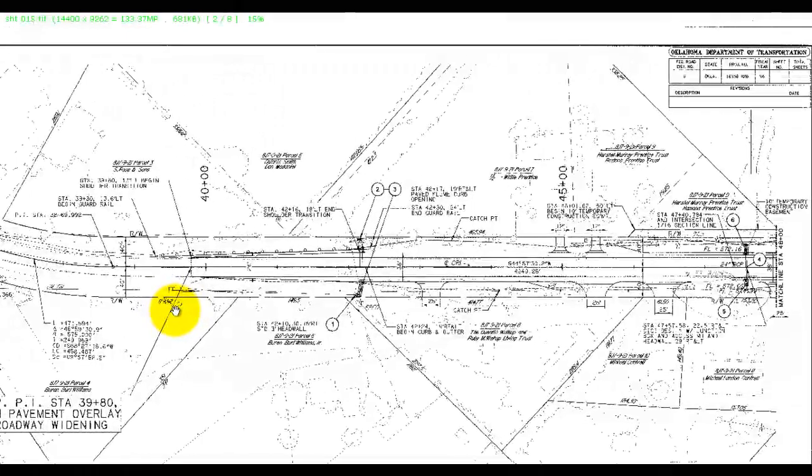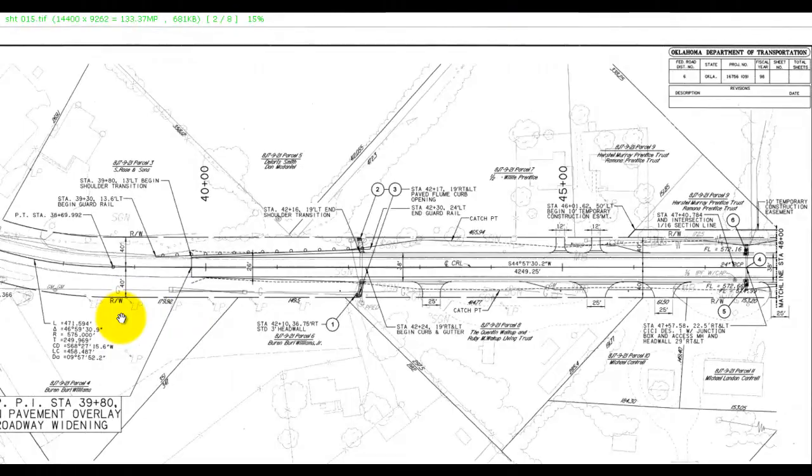Also, one thing that you as a surveyor will be very concerned with is the right-of-way. And here it states that the right-of-way is 40 feet on each side of the center line. And it'll give distances here to property boundaries.